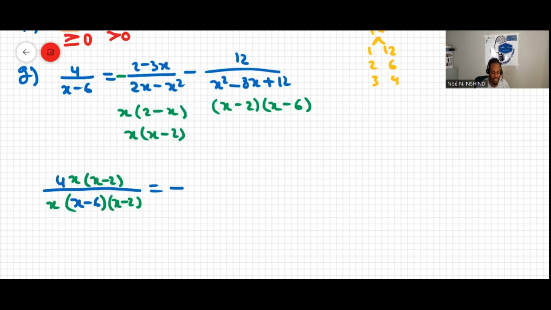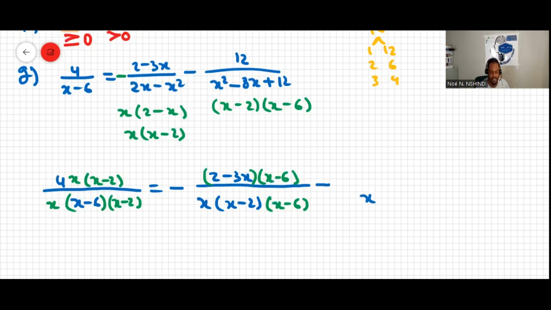At the denominator, we initially have x, open bracket x minus 2, okay? There it was 2 minus 3x. So we must times by x minus 6, and there also we times by x minus 6 to maintain the fraction. And then minus, there it's x minus 2 times x minus 6.